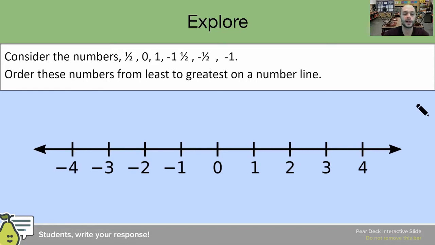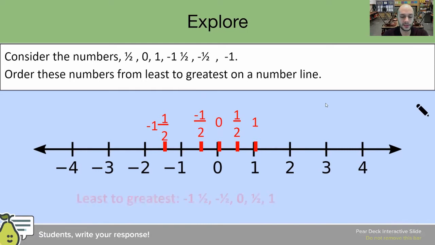All right, welcome back. So let's take a look at what this student did. They started with 1/2 because it is halfway between 0 and 1. That's why they plotted it here. Let's keep going. They plotted 0. They plotted 1. They plotted -1.5. They plotted -1/2.